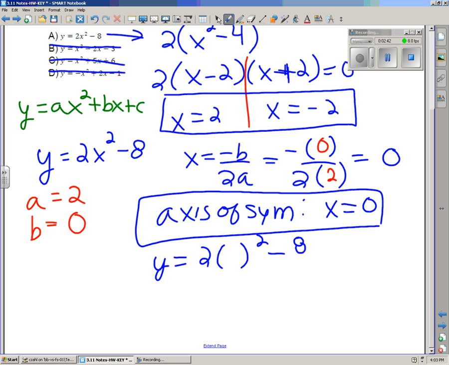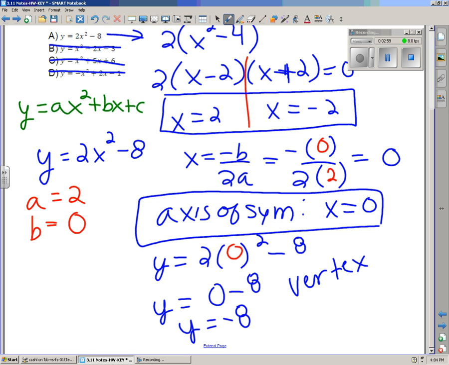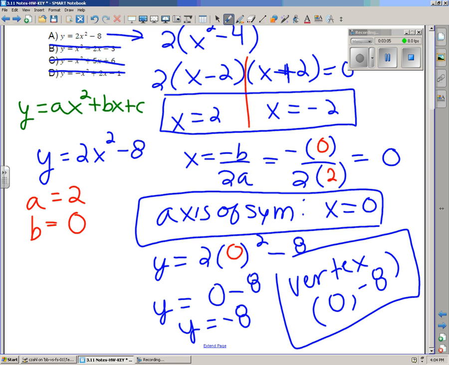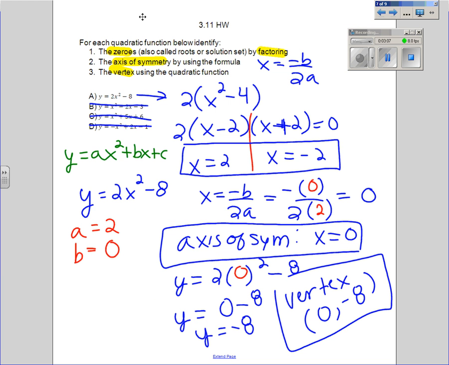We know that x is 0. When we do the math, we get y equals 2 times 0, which is just 0, minus 8, or y equals negative 8. So now we can locate the vertex. The vertex says when x is 0, y is negative 8. You've now done all 3 pieces.